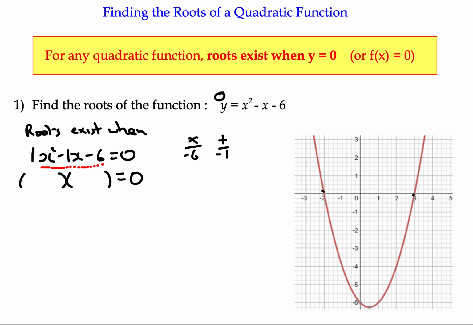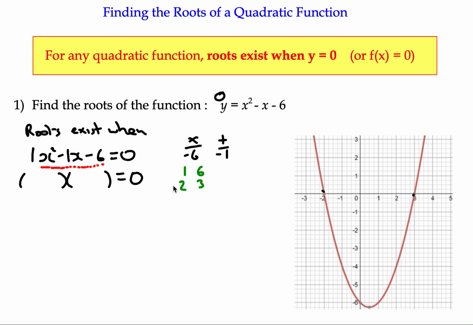Let's have a quick think about that. Factors of 6 are 1 and 6, or 2 and 3. But importantly, it's a negative, so we've got to stick a negative sign in front of one of the 1, 6, 2 or 3. So it might be negative 1 and 6 or 1 and negative 6. But which one gives us a sum of negative 1? Well, if they're only 1 apart, it suggests that the 2 and the 3 are our answer.